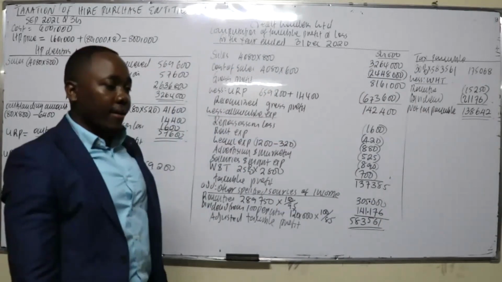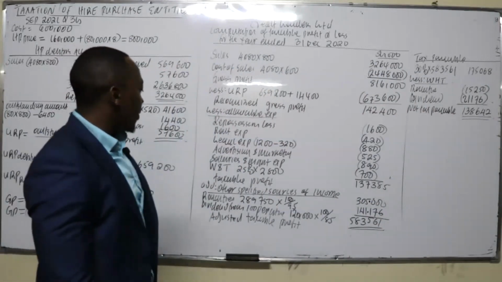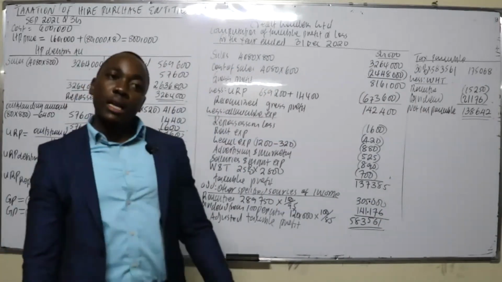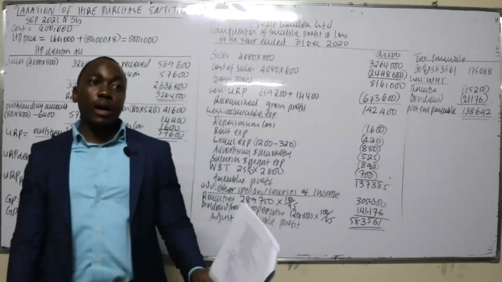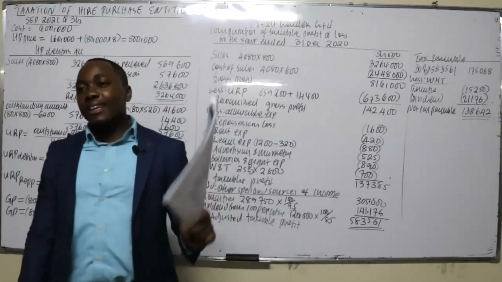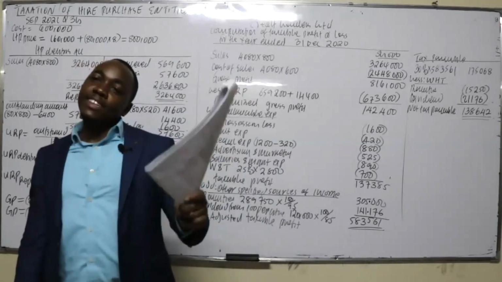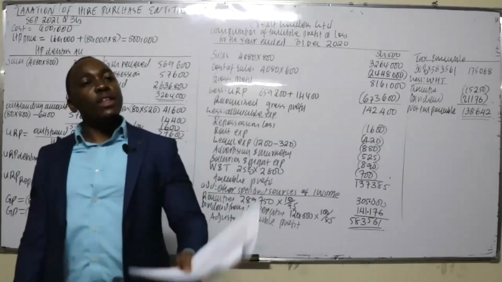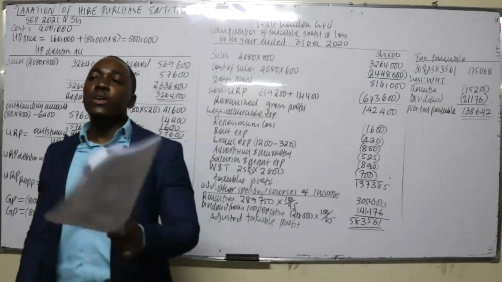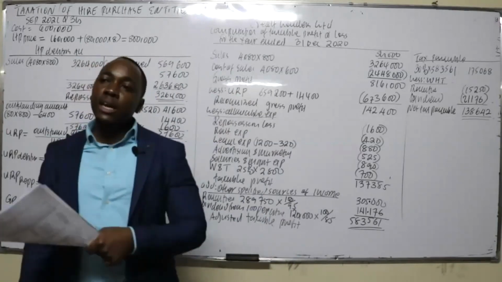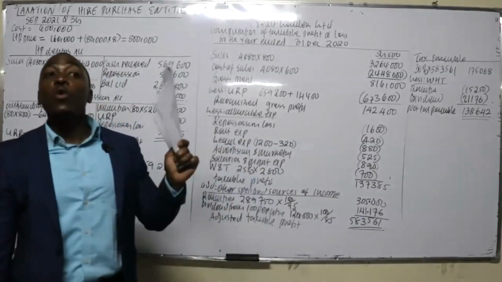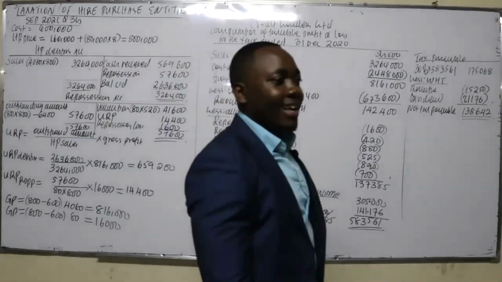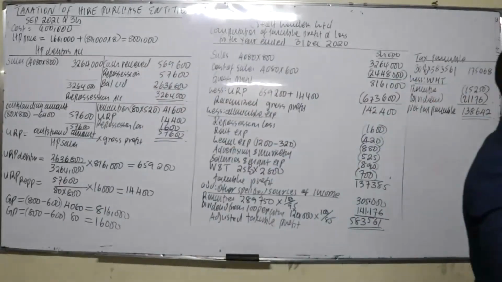On wear and tear, I remember explaining that irregardless of whether the asset was acquired even one day to the end of the year, you provide wear and tear for the entire year, provided the business was operational during the year. I said that in this class, not the last class.